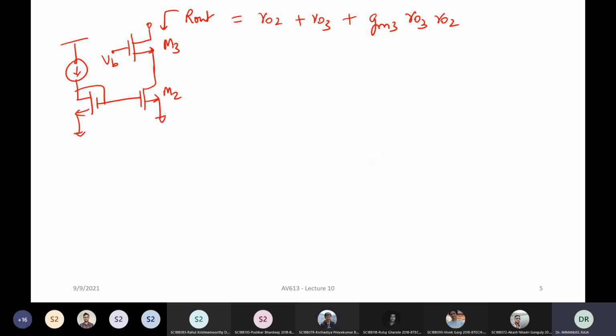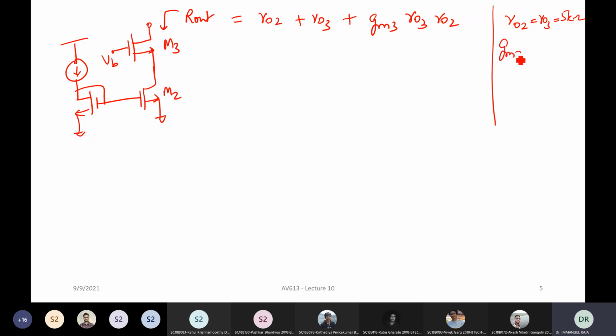All right. Now, for example, let's just put some numbers so that we get a feel for what is happening here. Let us say that R02 is equal to R03, and a reasonable value might be something like 5 kilo ohm. R02, R03 is 5 kilo ohm, which is a reasonable value to take.